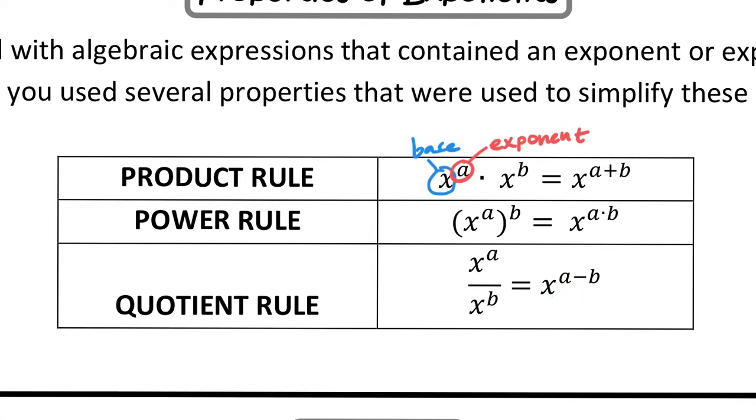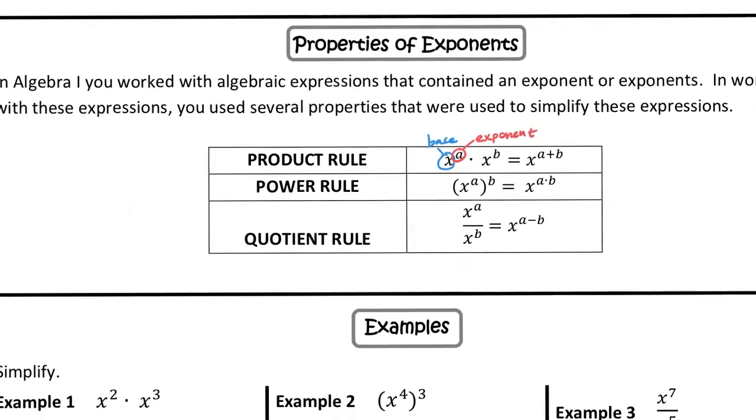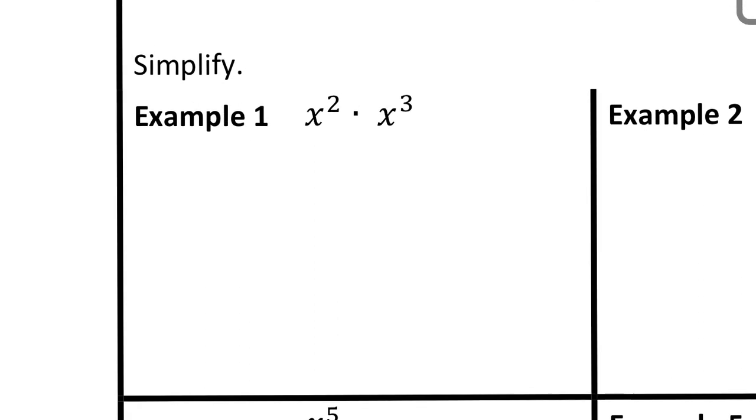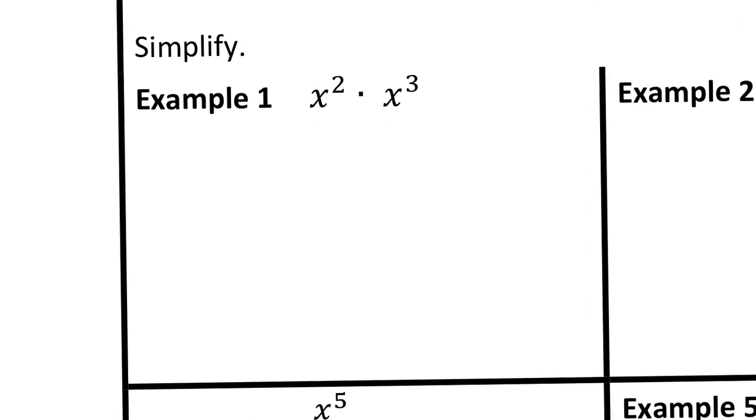So let's dive right in. Let's go to the first example, kind of get the ball rolling here, see what we're working with. So here there's multiplication going on. So it looks like we can say that this is looking like a product rule.